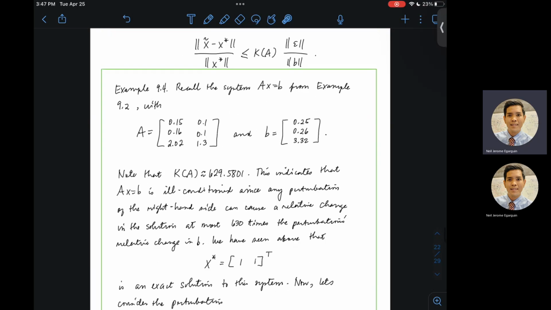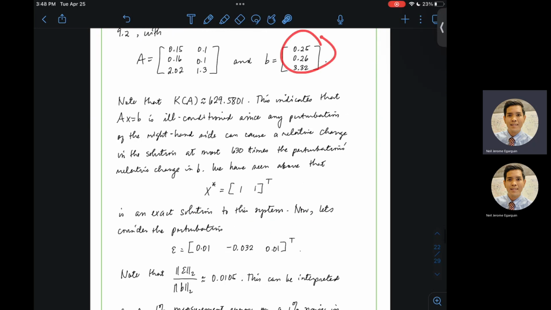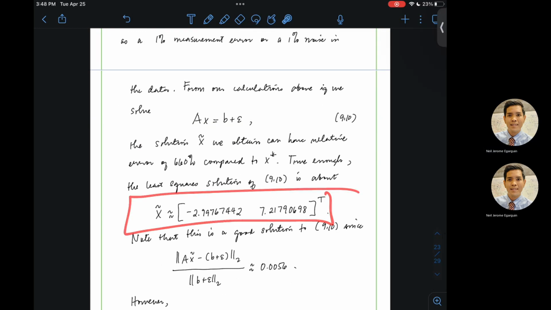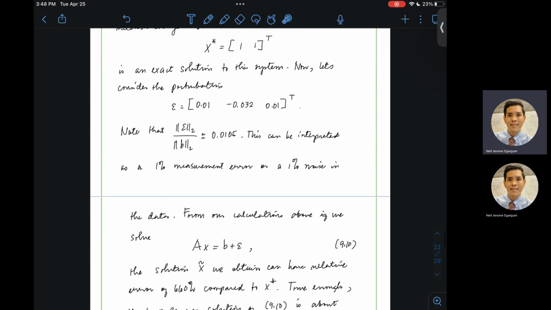Again, if you solve the exact system as it is, using the perfect right-hand side data, what you're going to get is 1, 1. That's your solution. But if you solve it using right-hand side data that is tainted by 1% noise, so this is the 1% noise that we have, and I add that to it, the solution that I'll get is this guy, minus 2.99, comma 7.22, which is quite far from the actual solution 1, 1.